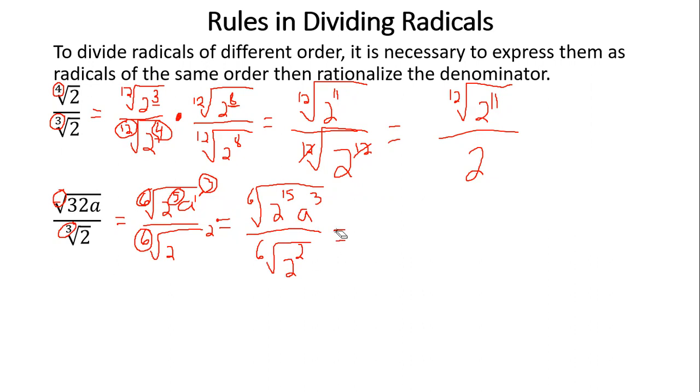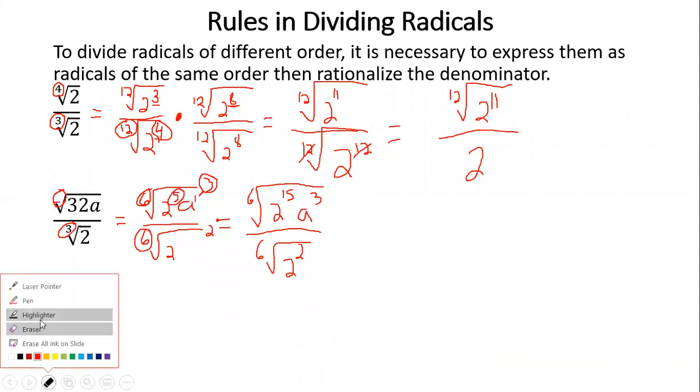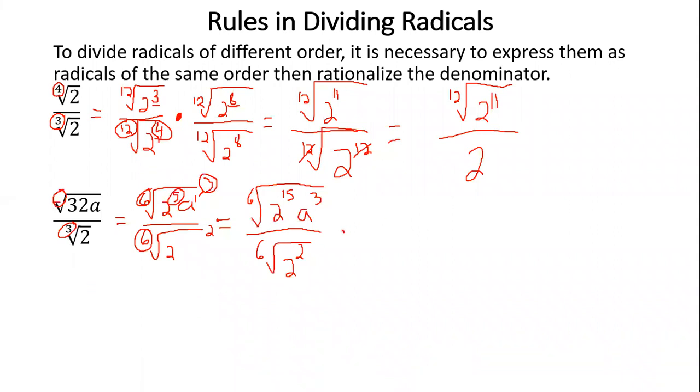Then, we rationalize. So, dito na tayo mag-rationalize. Siyempre, kokopyahin, ibabase natin yan dito sa ating denominator. So, ilan po yung kailangan natin para matapatan po yung exponent ay yung index na 6. So, meron po tayong dalawa dito. Kailangan pa po natin ng 4.